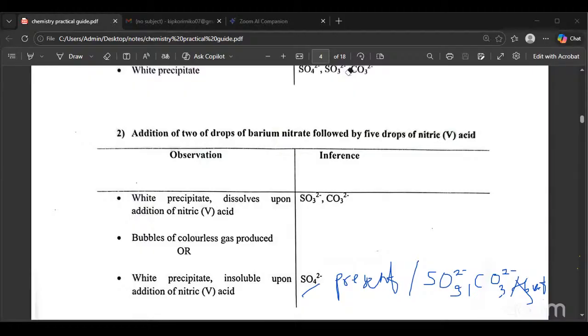Now, when you talk about barium nitrate, even when you go to sulfates, the test for sulfates and sulfites, we use this. This one is a test for sulfates and sulfites only. It is not a test for carbonates. But I added carbonates because of that story that all carbonates are insoluble. You remember that one?